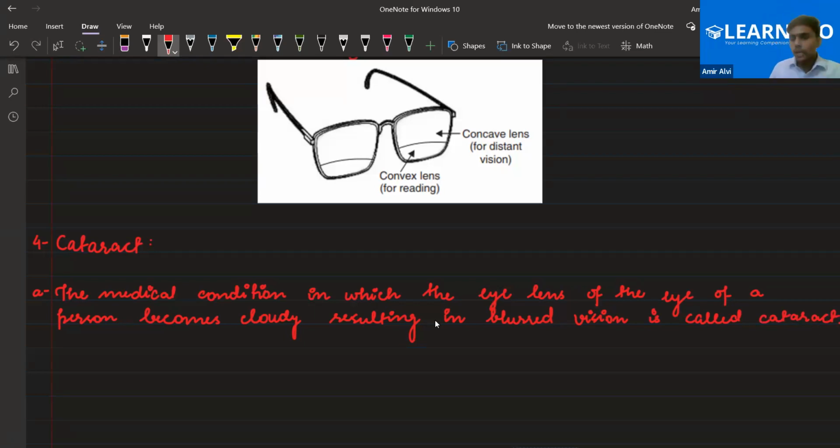Okay, so cataract is treated, you can say cured, by surgery. Okay.